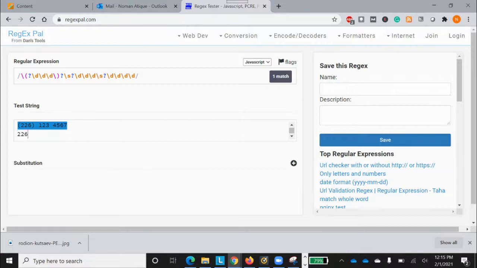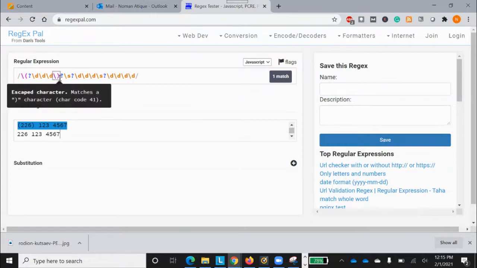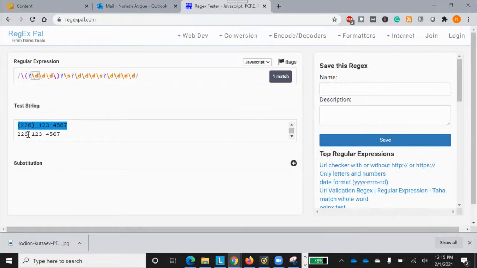Yes, it should recognize. Why is it not recognizing it over here? Interesting. 2 to 6 and 1, 2, 3, 4, 5, 6, 7. Why is it not recognizing? I've done something wrong with it, maybe. Question mark should be backslash question mark, bracket sign. Can anyone find if I am doing something wrong here? Maybe you need to delete the first line.